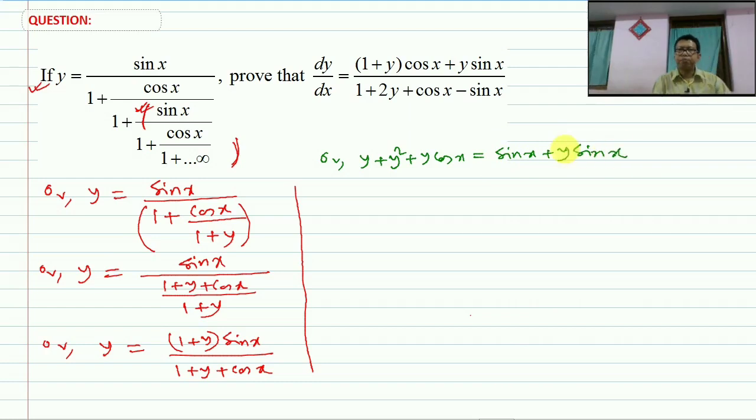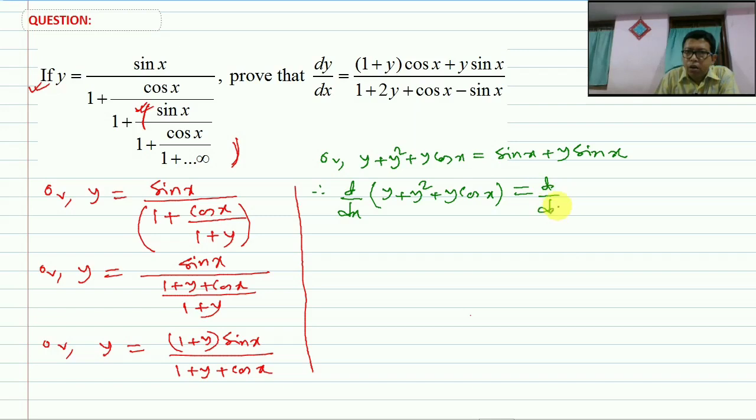Okay, now differentiate both sides with respect to x. Therefore d/dx of y plus y square plus y cos of x is equal to d/dx of sin of x plus y sin of x. Now start differentiation.